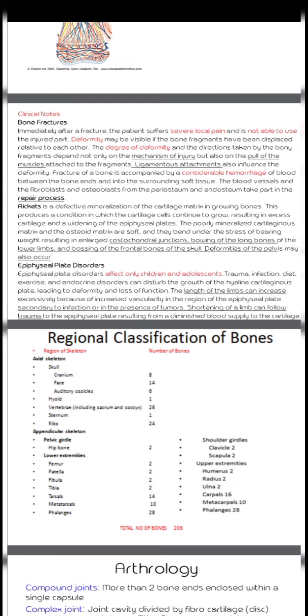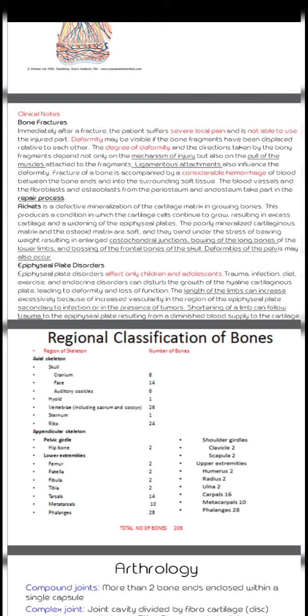Okay, so what happens in these patients? They have enlarged costochondral junctions where the ribs are attached to the vertebra and the sternum. That is enlarged, and we can clearly see the rib cage of these patients. Bowing of long bones takes place. They cannot stand on their legs.